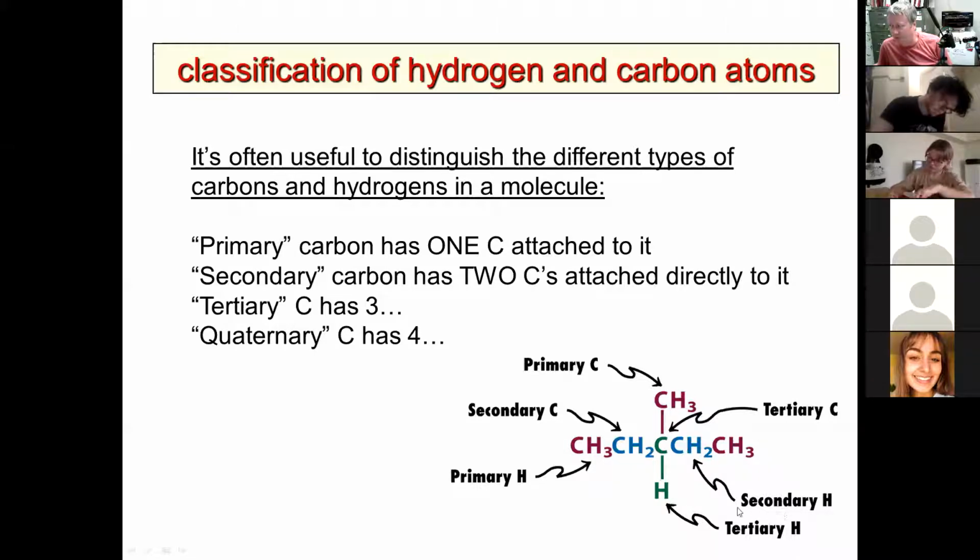What kind of hydrogens are these? They're secondary, and the secondary hydrogens are on a secondary carbon, okay? And then we have a tertiary hydrogen. What kind of carbon is a tertiary hydrogen attached to? A tertiary carbon, right? So keep those names in the back of your mind. We'll probably see them maybe even at the end of this lecture once we're in chapter 3, okay? Just remember this primary, secondary, tertiary business, all right?